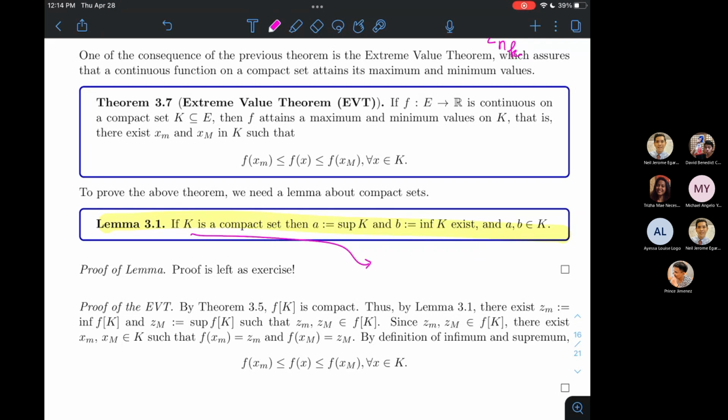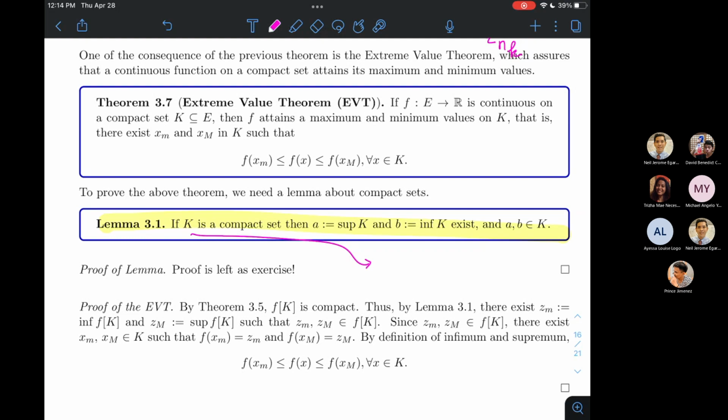Yun yung hindi ko naisip kanina na nagsasalita ako ng marami. So dahil meron akong sequence na monotonic increasing, siya ay convergent. Tapos dahil si K ay closed, lahat ng sequence na nagko-converge sa loob ni K ay may limit na nasa loob ni K.